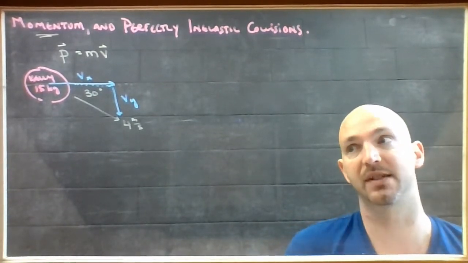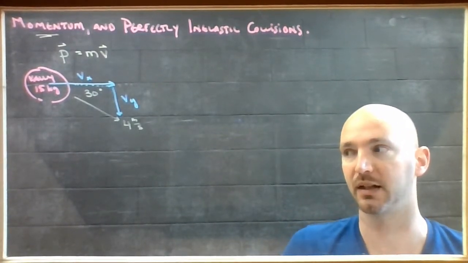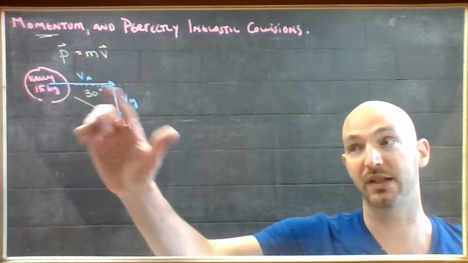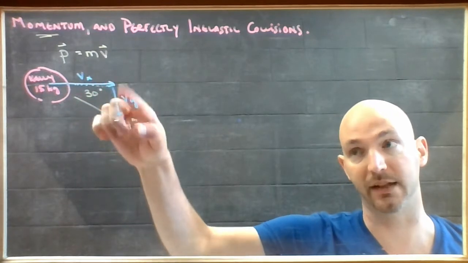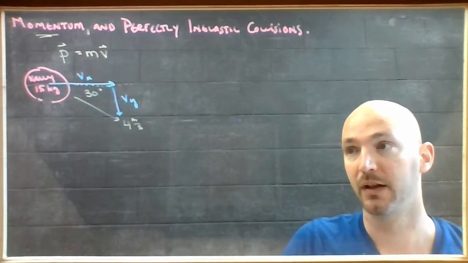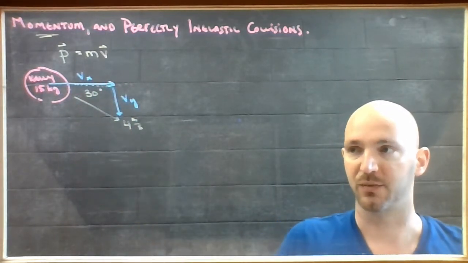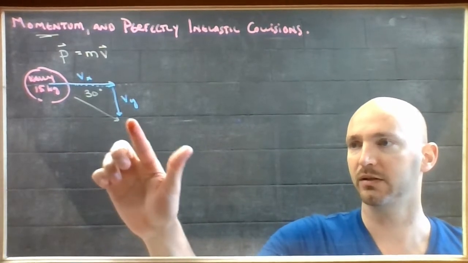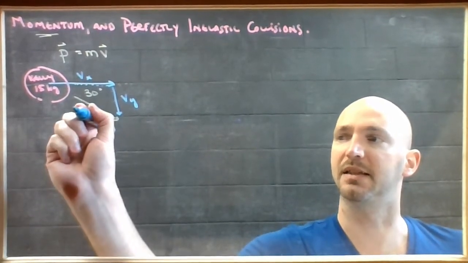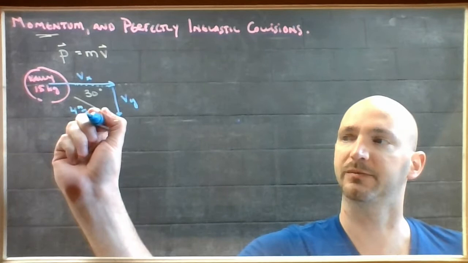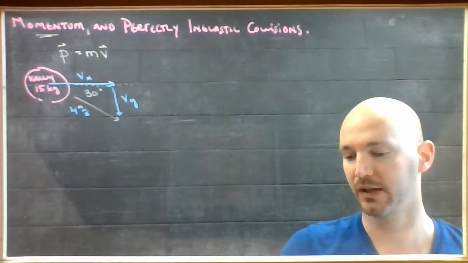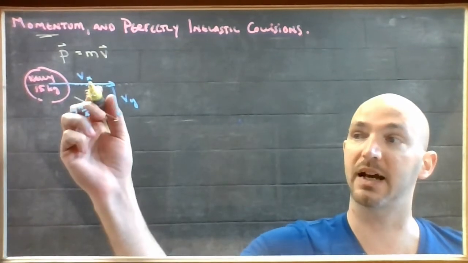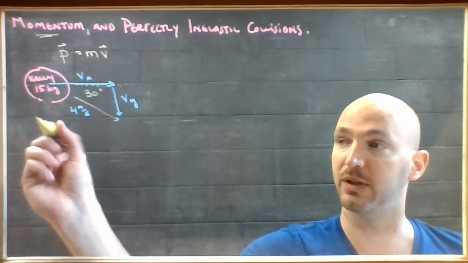Now this is very similar to doing the muzzle velocity from the cannon. I just need to break this hypotenuse into the legs of a right angled triangle. So looking at this arrangement, the 4 meters per second then is the length of the hypotenuse. So if I go to work out the Vx and the Vy, Vx is adjacent to the 30 degrees.